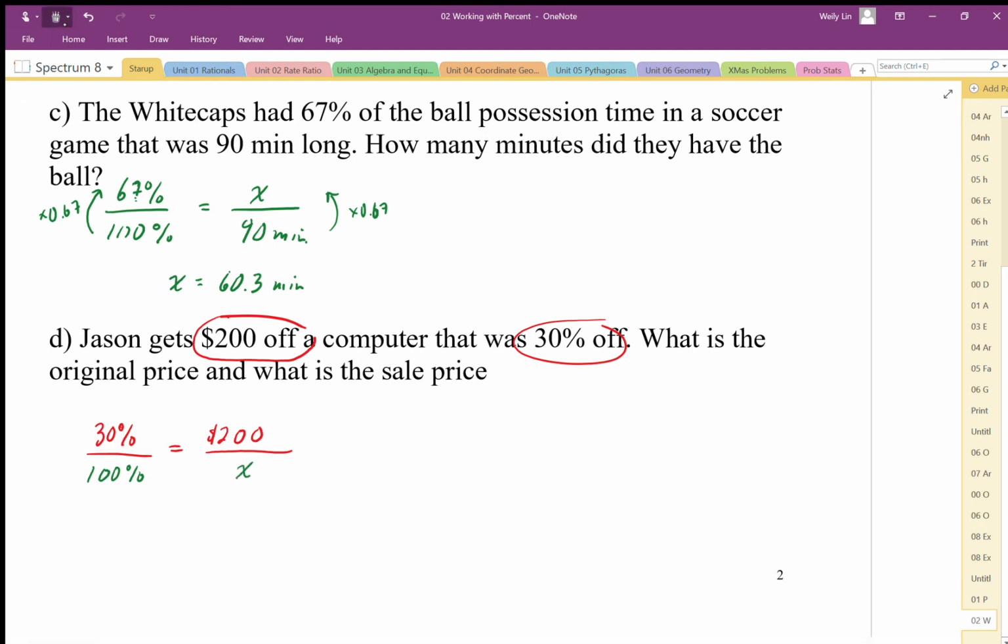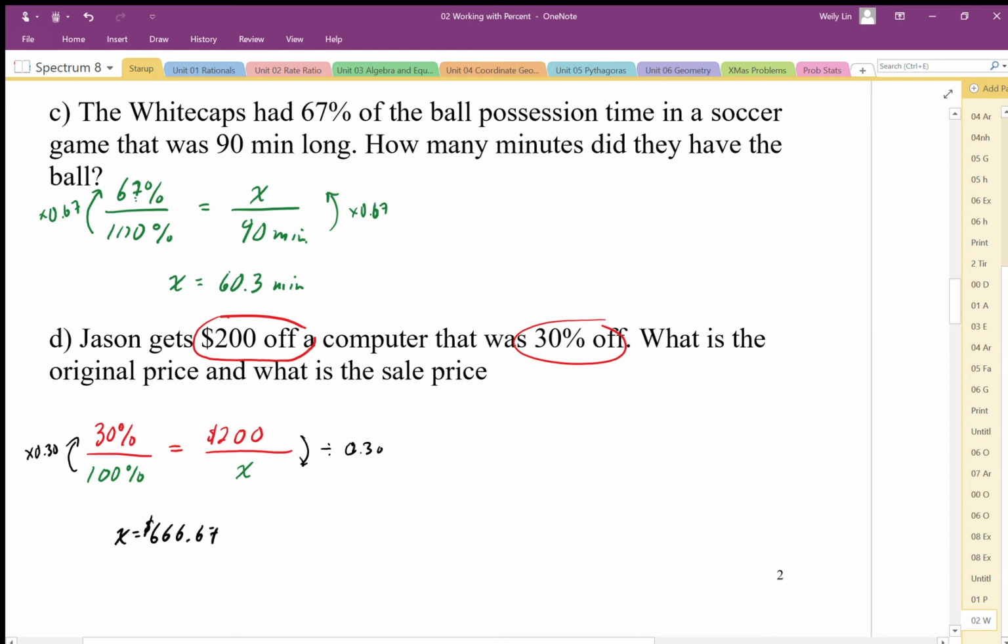And again, I can use my 30% multiplier if I want. There's my decimal multiplier of 30%, and I'm going to go in the opposite direction, so I'm going to divide by 30%. The original price is going to be 200 divided by 30%. We get $666.67.